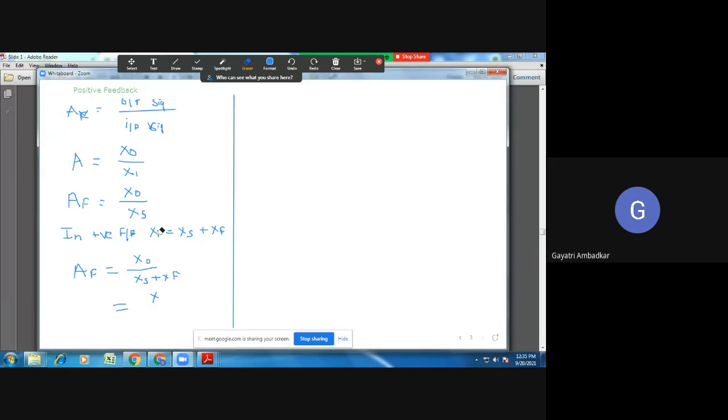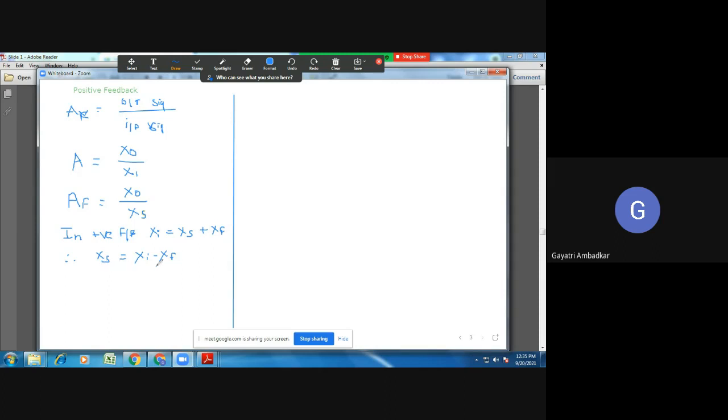Now, XI is equal to XS plus XF, that you know. From this, I can say, therefore, XS becomes XI minus XF. Because you are using positive feedback, in positive feedback the amplifier's input becomes the sum of the signal and the feedback signal.